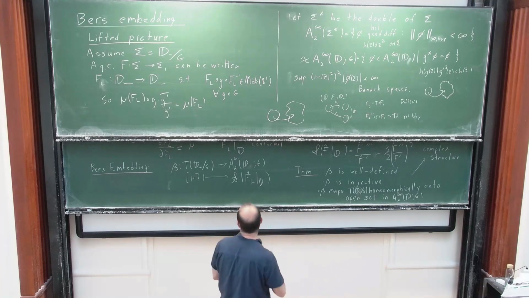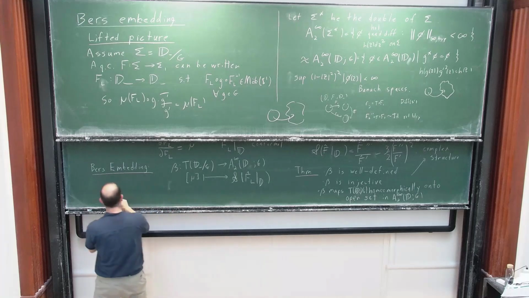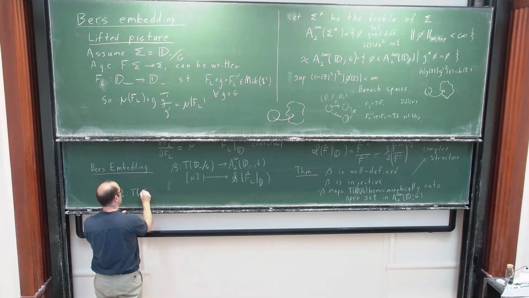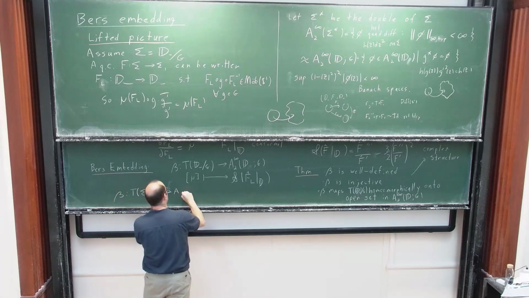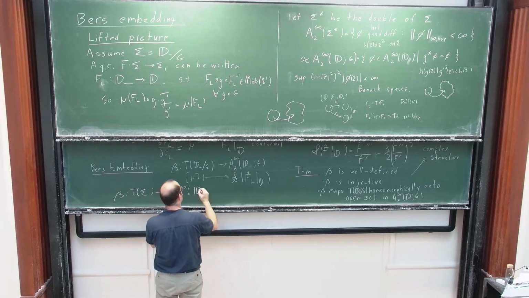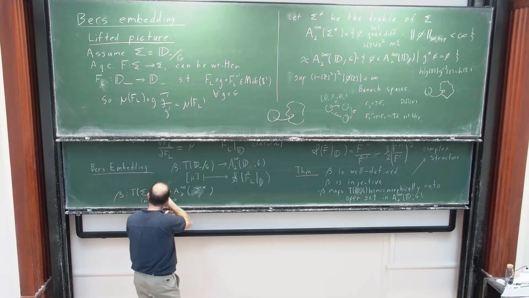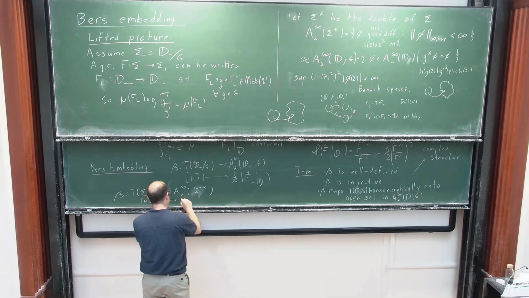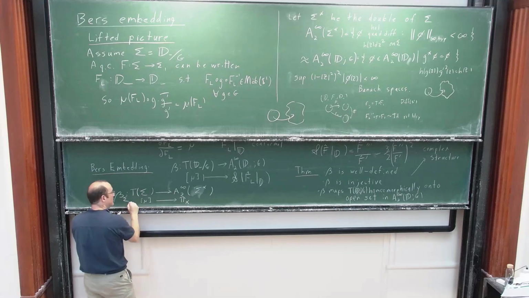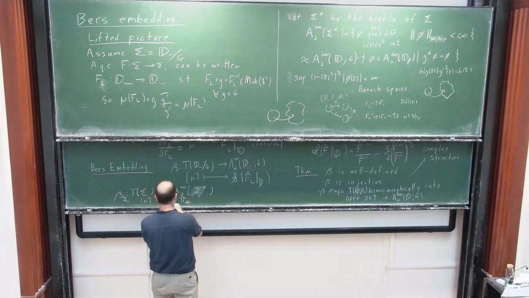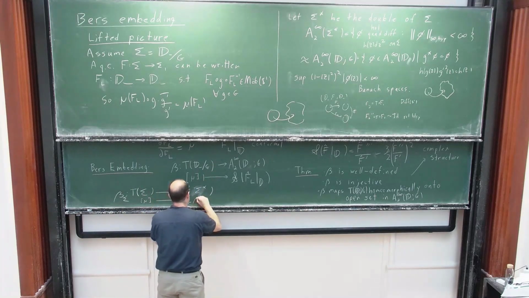So then you could write another version of the Bers embedding like this. You could say the Bers embedding takes Teichmüller space of sigma into A infinity of the double, sigma star. And then what you do is, mu on sigma is going to map to, you push down, let's call this B sigma, you push down the quadratic differential upstairs under your beta.